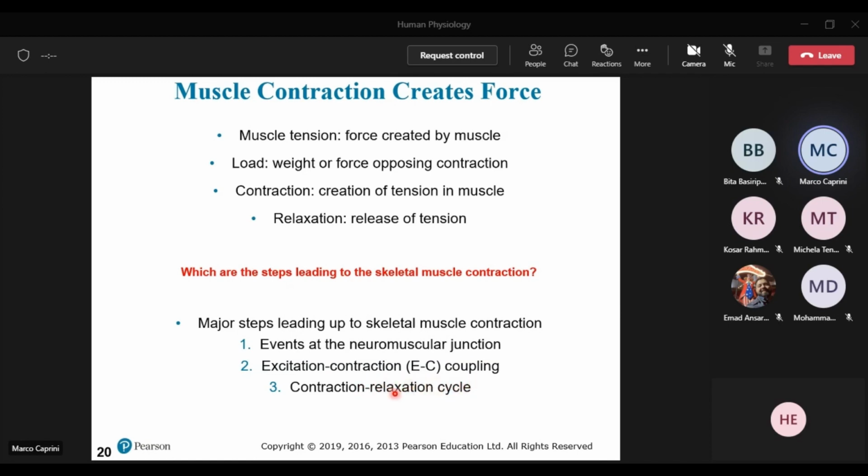by the sliding filament theory of contraction that I introduced before. The sliding filament theory of contraction is the explanation of why the muscle is not like an elastic, and why the A band always remains at the same level.